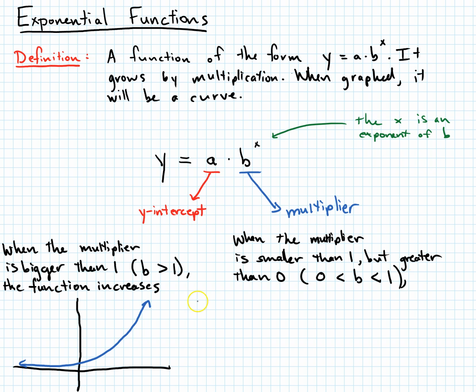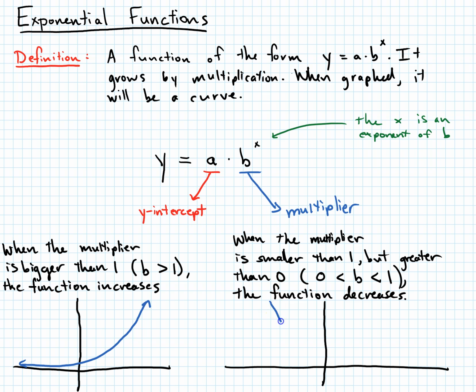When that is the case, the function decreases. Hopefully that should make sense too, because when you multiply by a number that's smaller than 1, the number is going to shrink. When you multiply by a decimal, it gets smaller. And so our function will look something like this. From left to right, it'll be going down.